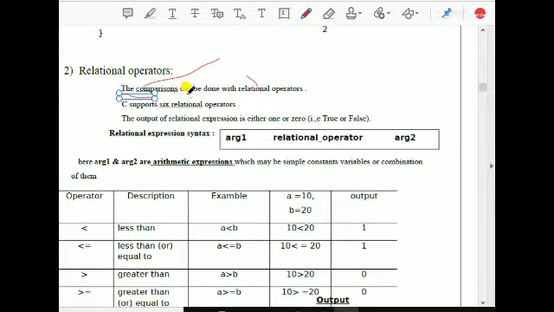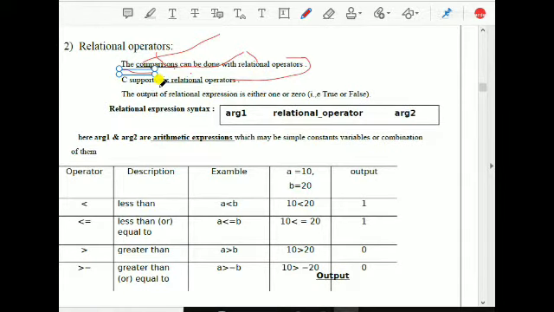Write this only: the comparison can be done with relational operator. And there are six types of relational operator. It will give 0 or 1, true or false. That means true means 1 and 0 means false, because C does not support true and false. So write 0 and 1. See here also 0 and 1.